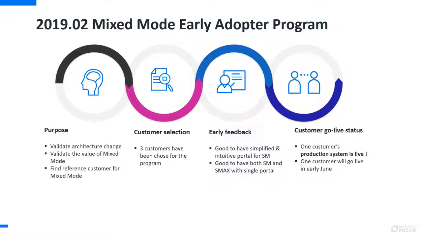Meanwhile, we changed the way we deploy SMA. Now we have a single deployment mode for both SMAX and SMA-SM. That's a huge and significant change we introduced from the February release.